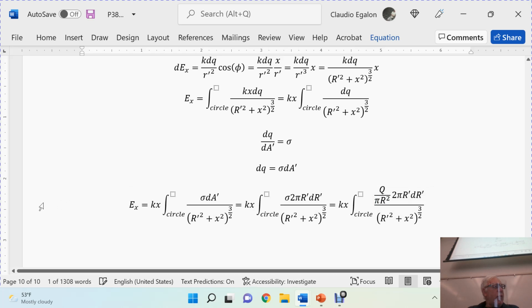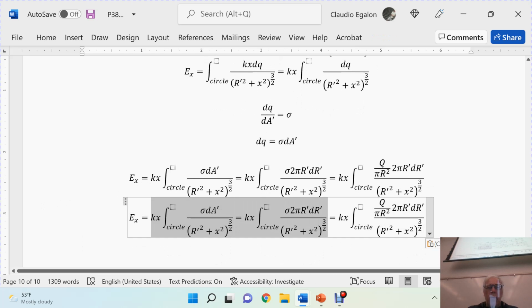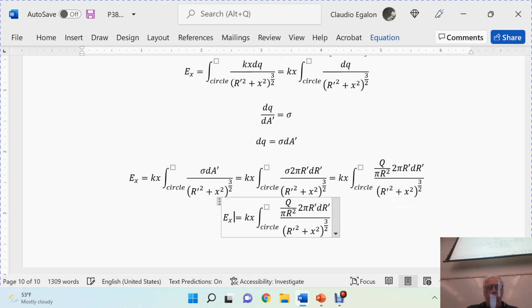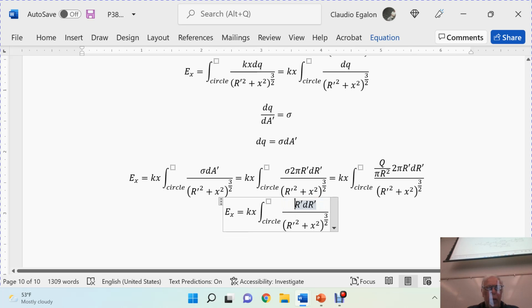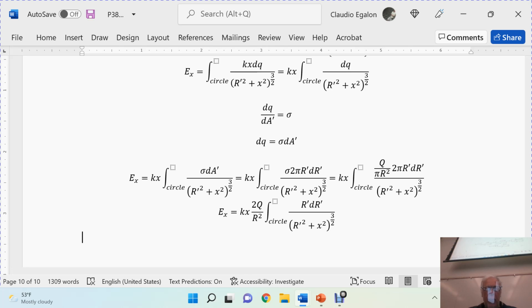Take out from the integral everything that's constant. Let's see, yeah, we can cancel the pi with the pi. And all that stuff here goes outside. Like that. I should have left this r there, the 2 there inside, but that's okay.